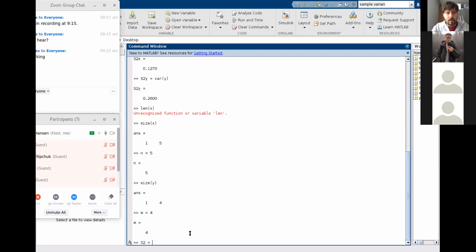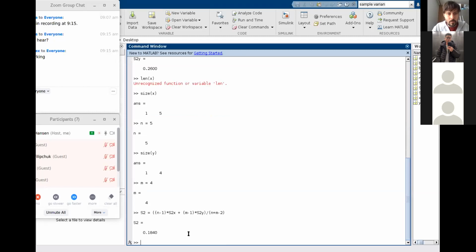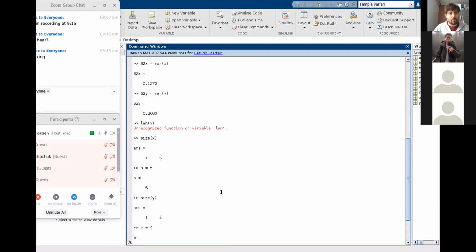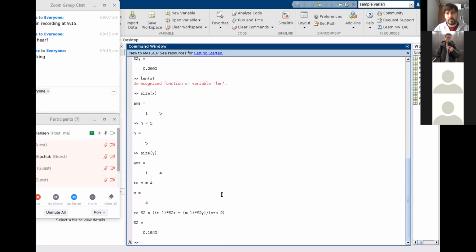And that would be now my n-1 times S2X plus, I'm going to put here parentheses, plus m-1 times S2Y, right? Divided by n plus m minus 2. And that's my combined sample variance there.